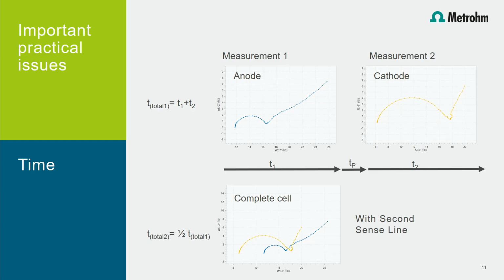So it is important to keep the measurement time short. This can be done by measuring the anode and cathode simultaneously by using a 3-electrode setup. It takes just half of the time, and additional wiring effort can be omitted. And the researcher can be sure that both electrodes are measured at the same conditions.